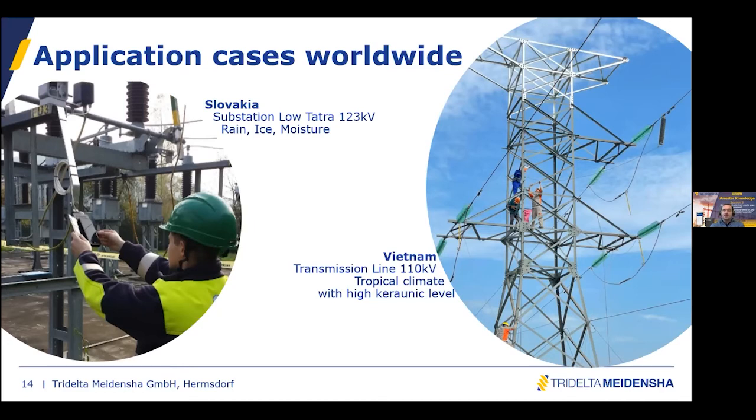Actually, I would say the answer could be yes and no. I mean, technically, of course, you can assess the condition of the arrestor for non-gap line arresters, of course, not for externally gapped because there is no leakage current. But for non-gap line arresters, the principle is exactly the same.